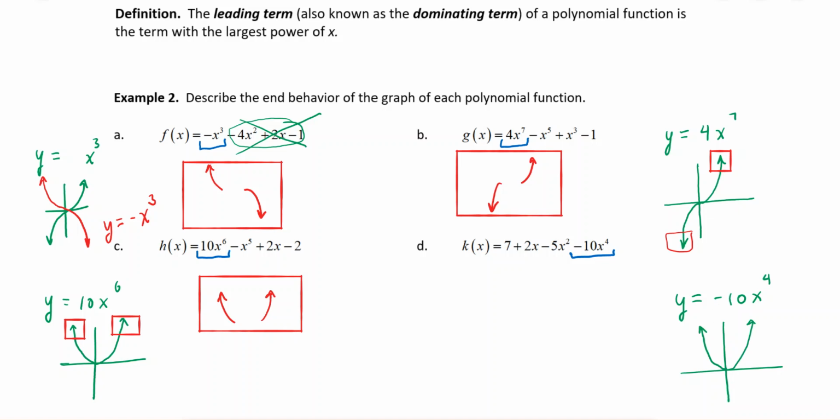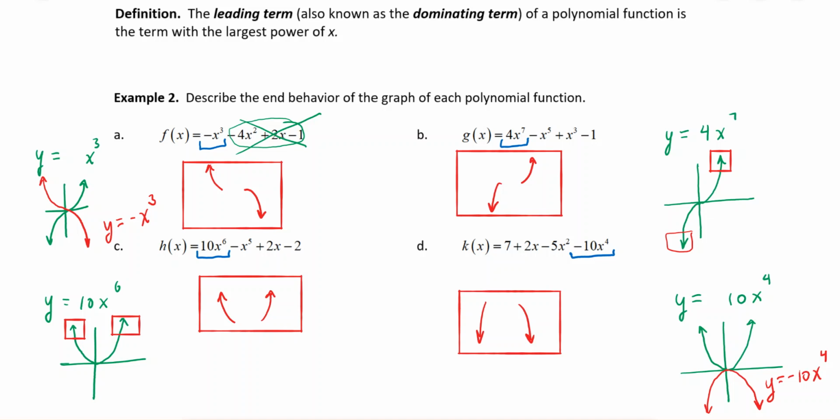So actually, let me clean this up just a little bit. Let's label the green graph 10x to the fourth, and what we need is a vertical reflection. And so now, here is our leading term, negative 10x to the fourth, and it's pointing down at the left end and the right end of the graph. And so that's our end behavior. How does it look?